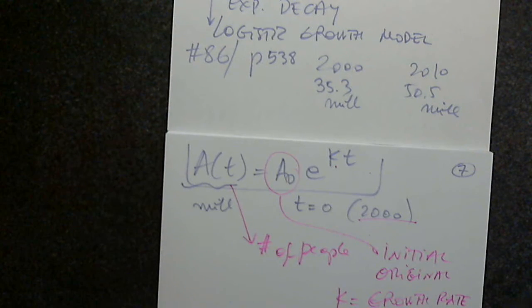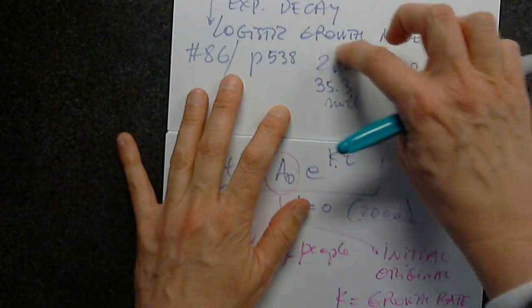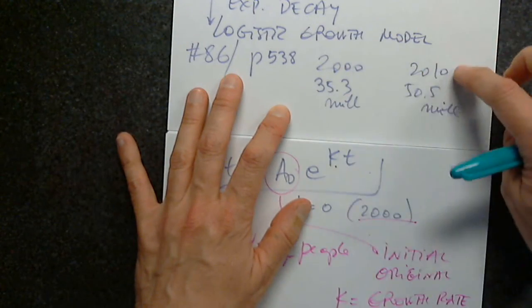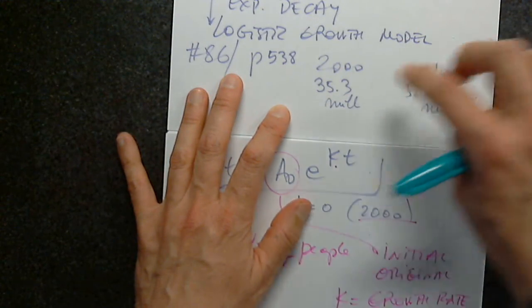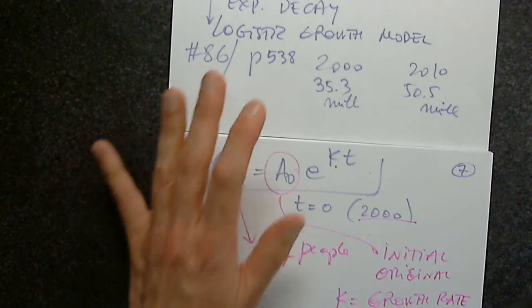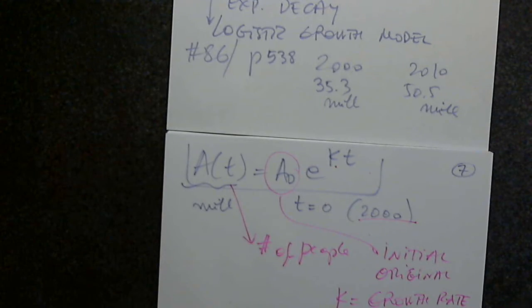When I'm given the time and the amount, what is this information called? The point, exactly.